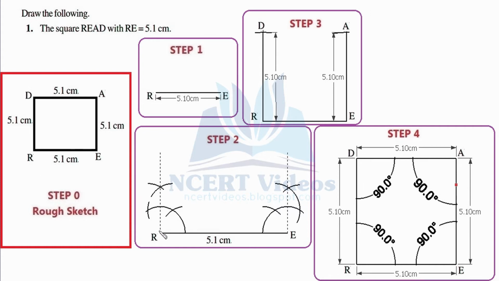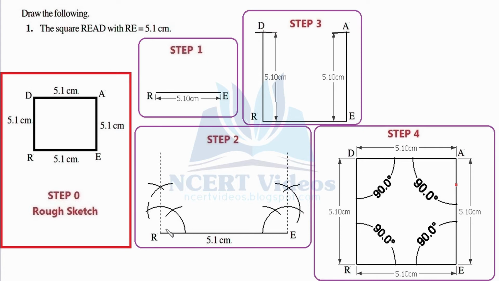So at R, we adjusted our compasses at a distance of 2 centimeter because it is proportionate to 5.1 centimeter. We have told you numerous times in previous tutorials why we consider 2 centimeter or 1 centimeter. After adjusting our compasses at 2 centimeter, we put the needle of the compasses at vertex R and construct this arc such that it must intersect line segment RE.